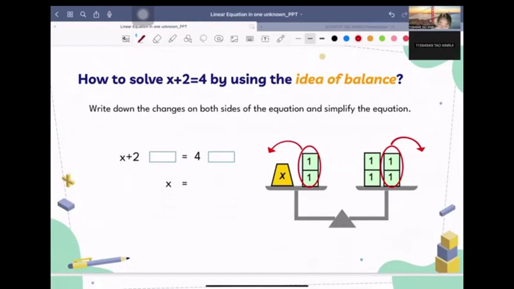We are removing 2 ones from both sides, so we write minus 2 on the left hand side and minus 2 on the right hand side. After the subtraction, we get 2 on the right hand side, and there is an x on the left hand side.